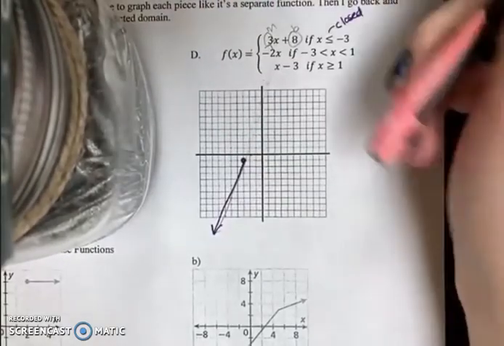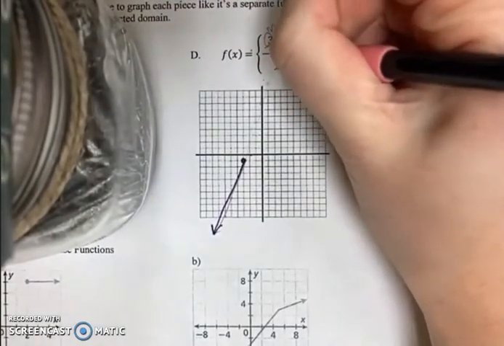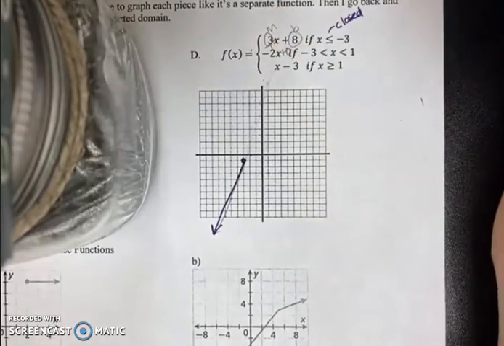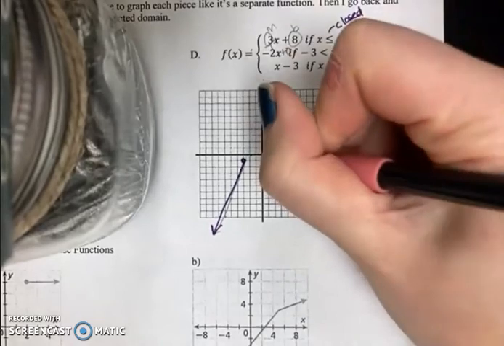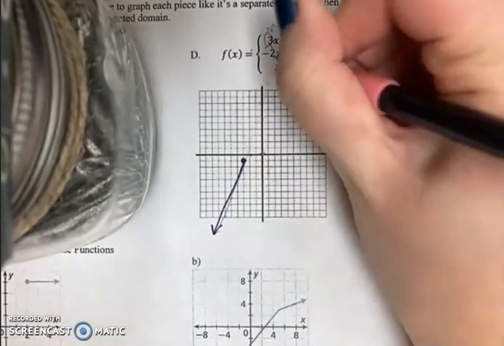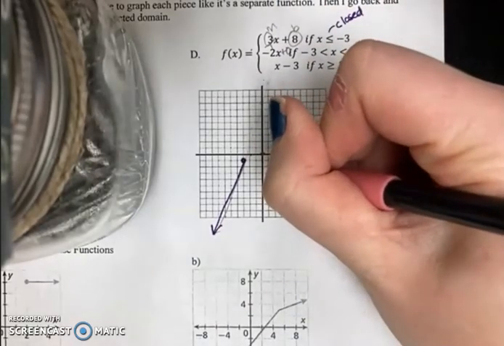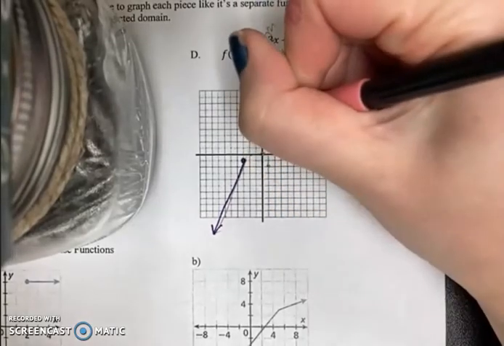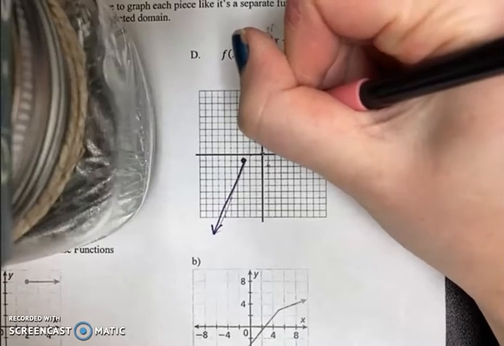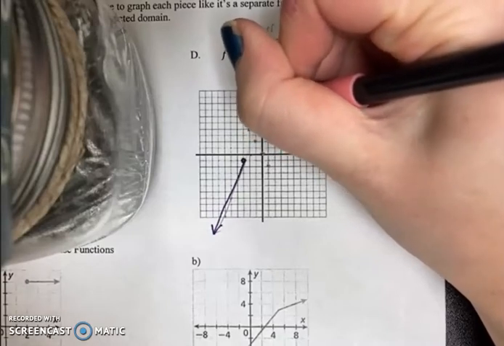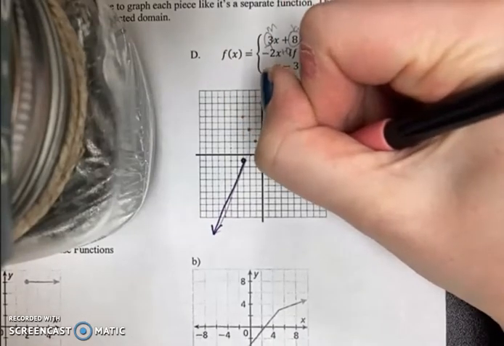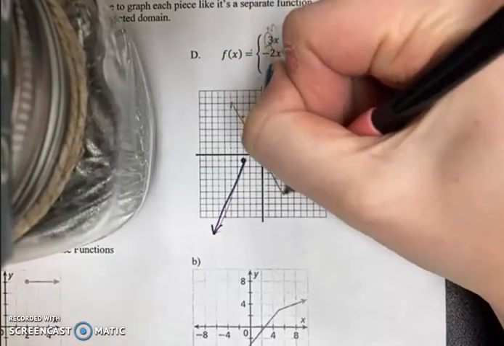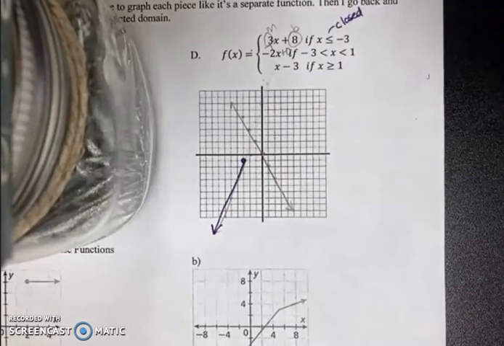The second function is -2x, and then I have no plus b, so that's technically plus 0, meaning I'm starting at the origin, and then I have my slope of -2, so down 2, right 1 or up 2, left 1. You can plot as many points as you like in order to get the general shape. The more points, the better, because then you have a nicer line.